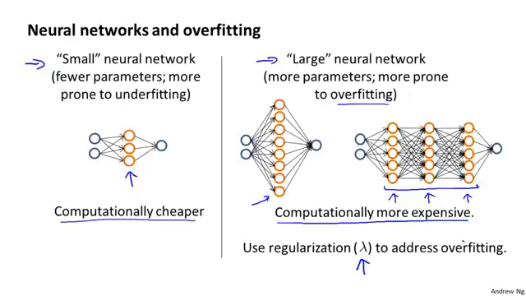But if you want to choose the number of hidden layers, one other thing you can try is find yourself a training, cross-validation, and test set split, and try training neural networks with 1 hidden layer, with 2 hidden layers, with 3 hidden layers, and see which of those neural networks performs best on the cross-validation set. So you take your 3 neural networks with 1, 2, and 3 hidden layers, and compute the cross-validation error J_CV on all of them, and use that to select which of these is, you think, the best neural network.